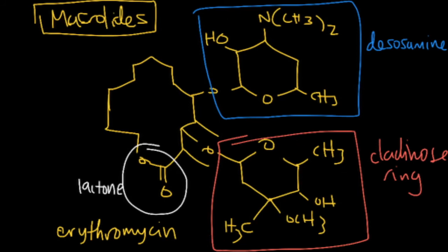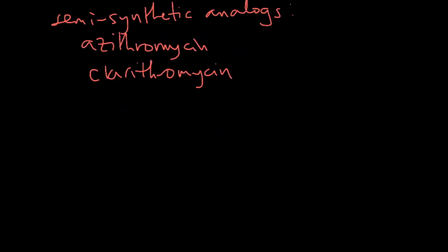That's one way to remember it. And these sugars are here because they lead to antibacterial activity. There's two semisynthetic analogs within the macrolide class: azithromycin and clarithromycin. I wouldn't know anything about that other than there's two semisynthetic analogs.